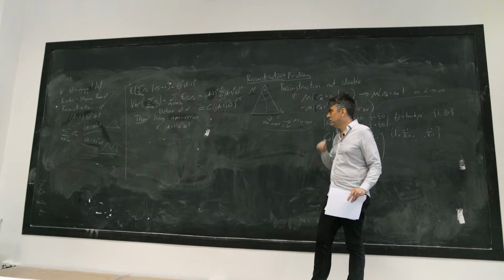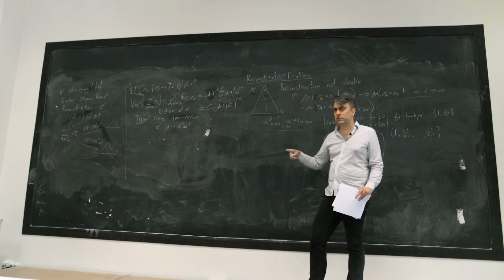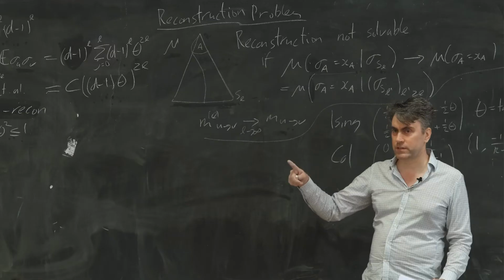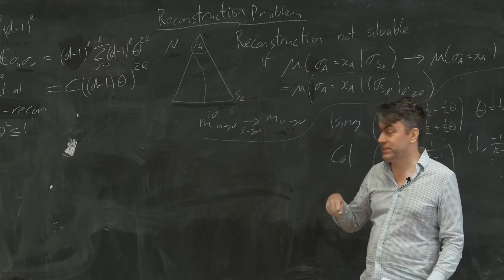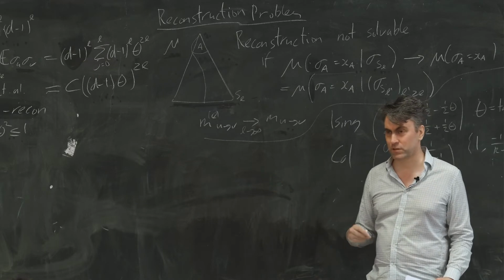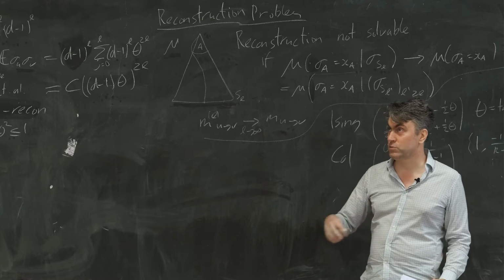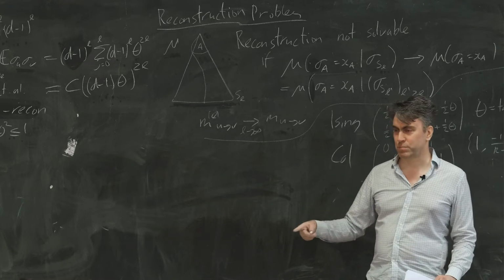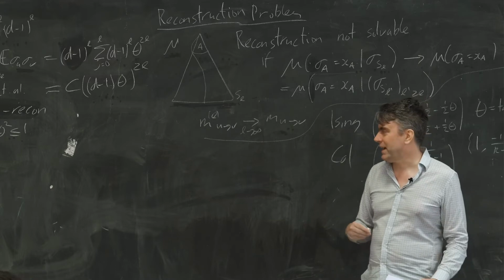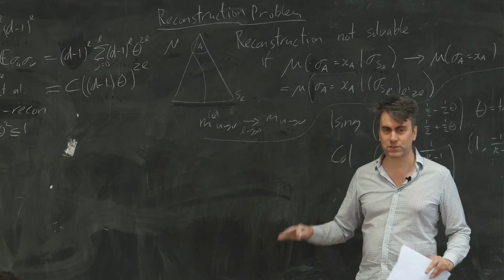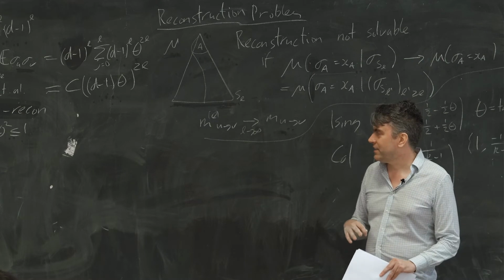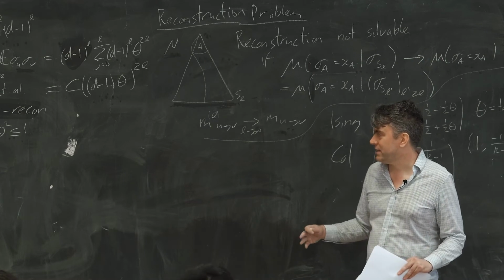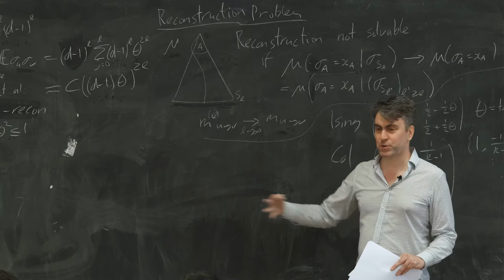And so Yuval Peres, who was my advisor's advisor, did indeed conjecture that. And Elchanan Mossel, who was my advisor, that was his master's project, which he failed to do. And then for his PhD, he disproved it.